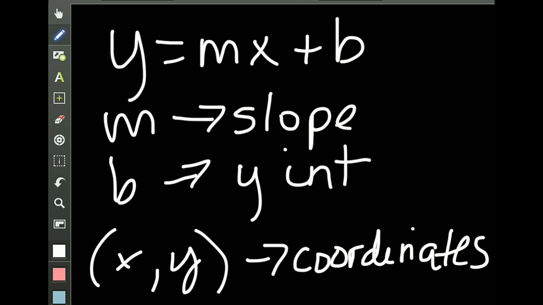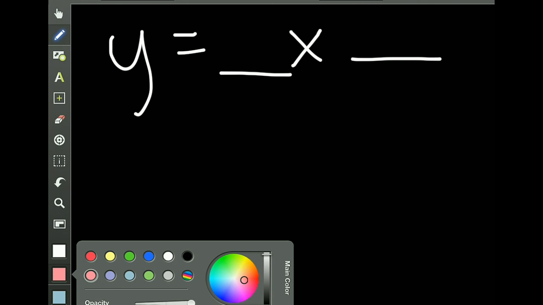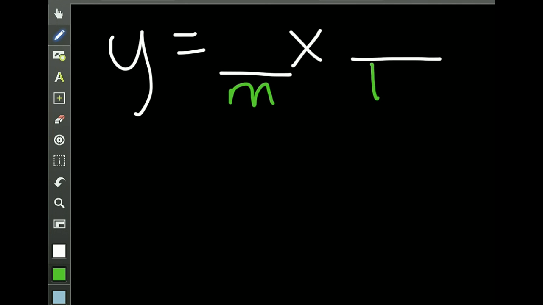If I say, write this equation in slope-intercept form, what two letters do you need to figure out? M and B. Because in every slope-intercept form, we always have y and x. M and B are what we need to find and then plug into the spaces. So if we can figure out M and B, then we're good to go. We can write our equation.